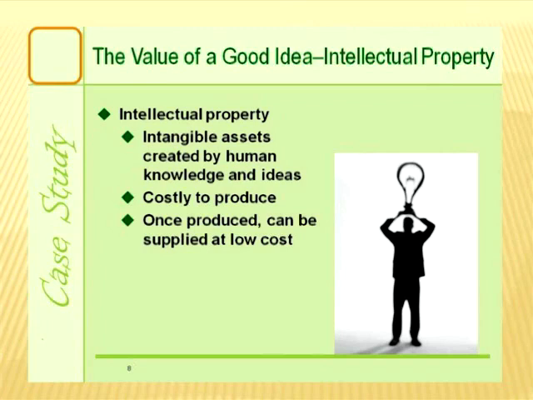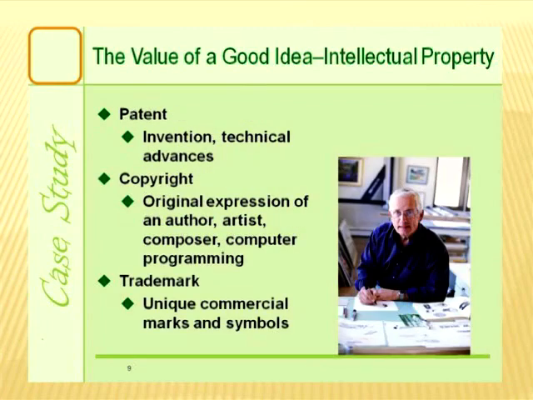Producing the first iteration, the very first copy of the software program, is fairly expensive, but each additional piece is not very expensive. The result is that the market itself can't really handle that sort of thing, because once the idea or the property is out there, it'll very quickly be duplicated. And so we end up having to protect it with patents, copyrights, and trademarks, where a patent is a special provision to protect an invention or a technical advance.